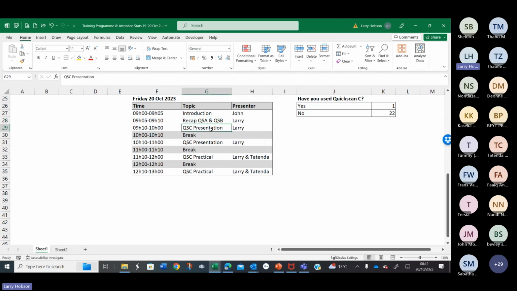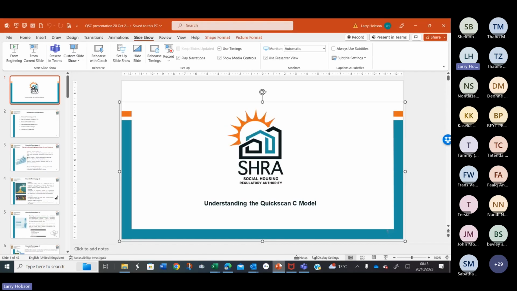So today is about the finances and the Quick Scan C. These tools were all developed long ago, in the early 2000s, and grown and developed well as the subsidy products have developed as well.